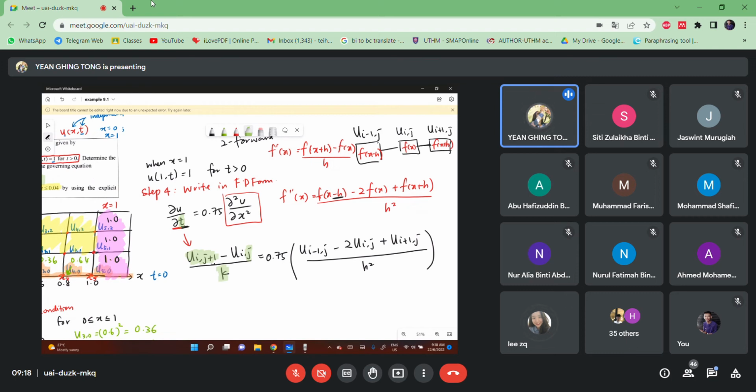Because this is a y-axis. And when this is with respect to x, that means i minus 1, i plus 1. Okay. Nadia, boleh Nadia? Now we change from this formula to finite difference form.